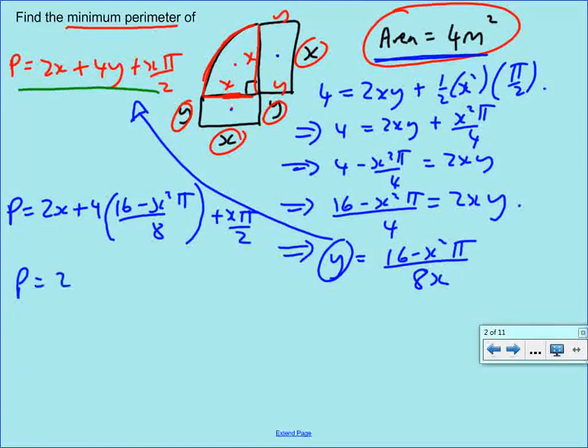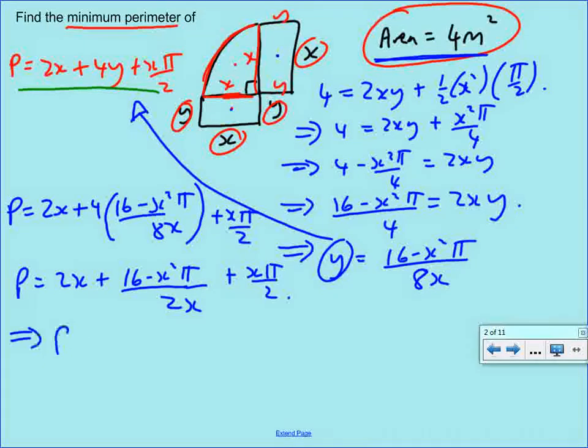So let's simplify this again. So this is 16 minus x squared pi over 2x, so that needs an x there, 2x plus x pi over 2. Now again, make the denominators the same. All I'm doing is making the denominators the same. If you need to pause this tape or rewind, please feel free to do so.